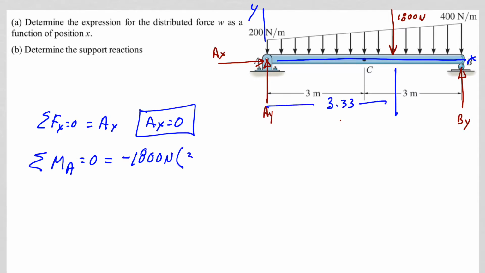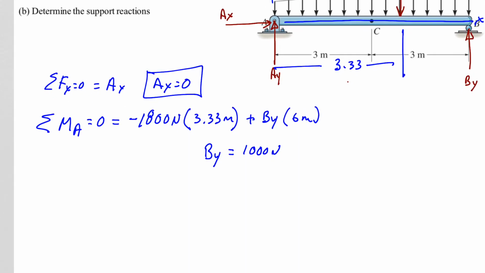It is a negative moment, going in a clockwise direction. And then we have our By times the moment arm of 6 meters. That will give us a value for By, which will be 1,000 newtons.